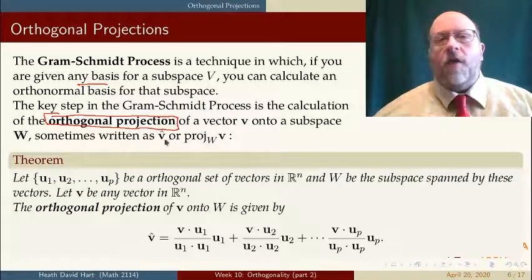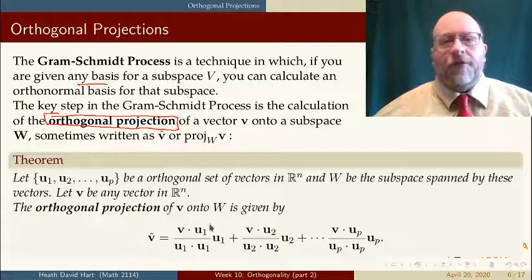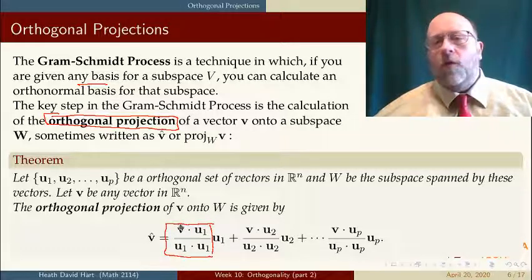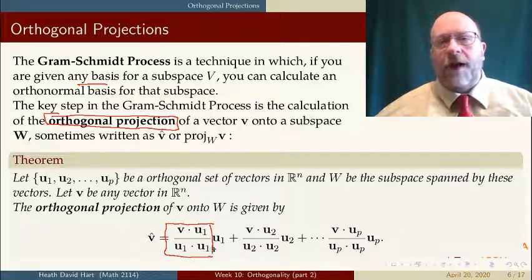It's calculating what's called the projection of a vector onto a subspace. And you'll recognize this formula that we just saw a moment ago for converting a vector to an alternate basis. We convert these vectors into an alternate basis, but then build a linear combination with these basis vectors.